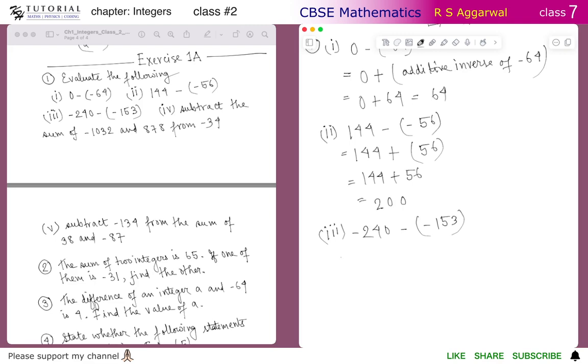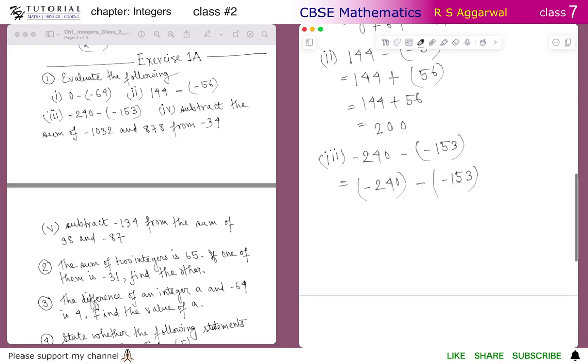As per the rules of subtraction, we add to minus 240 the additive inverse of minus 53, which is 53. We add the additive inverse of minus 53, which is 53, to minus 240.